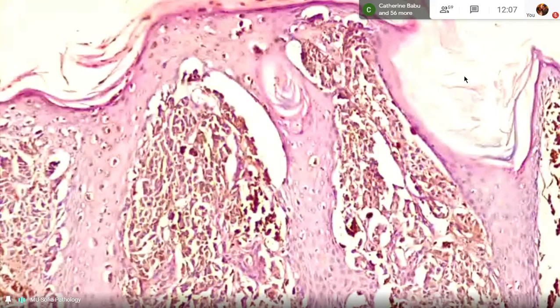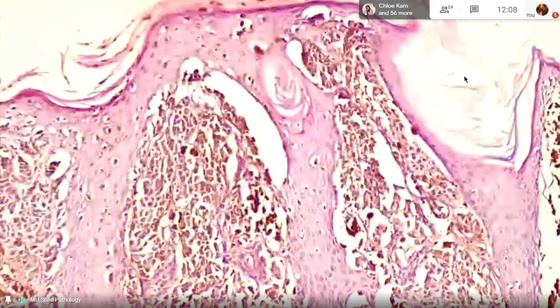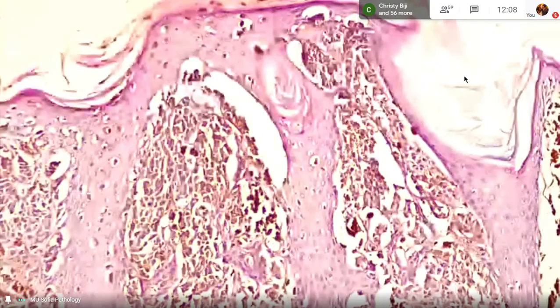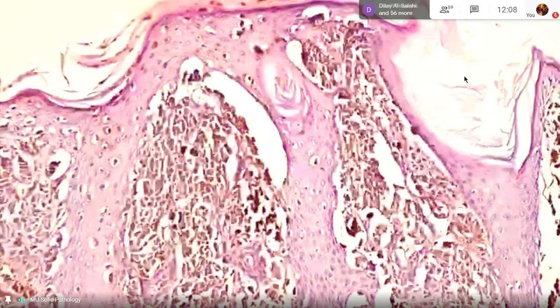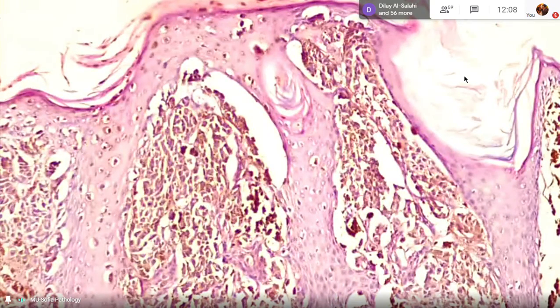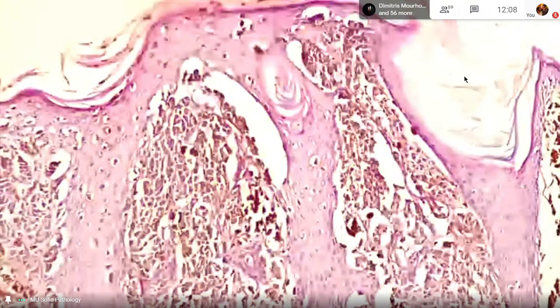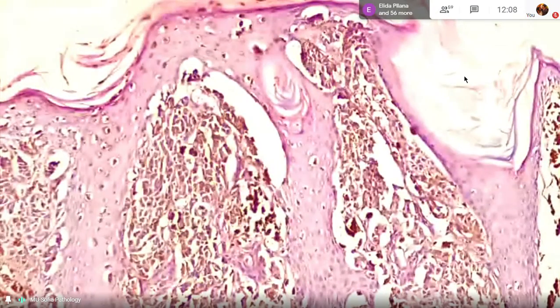What are the gross symptoms that alarm that a pigmented lesion on the skin is suspicious for melanoma malignum? Asymmetry. Yes. It's easy to remember them, A, B, C, D, E, by the first letter.